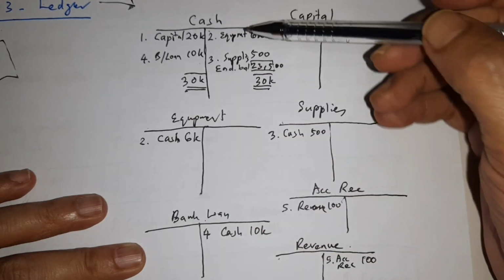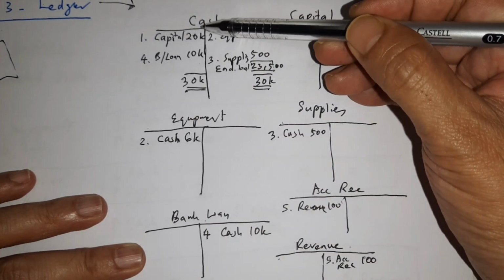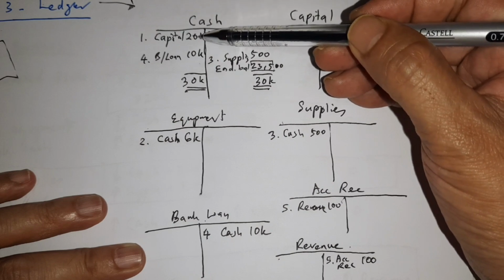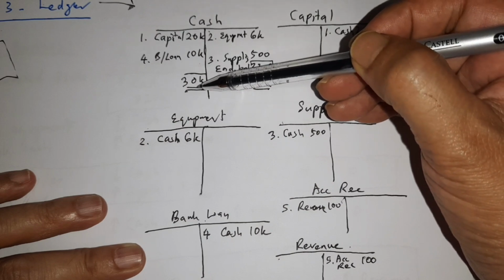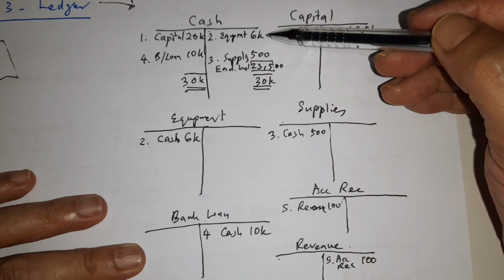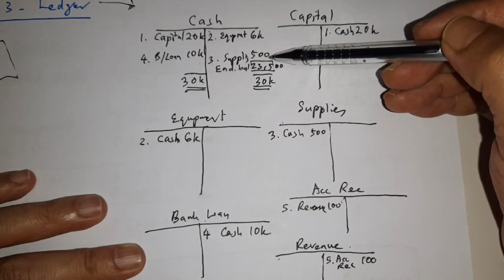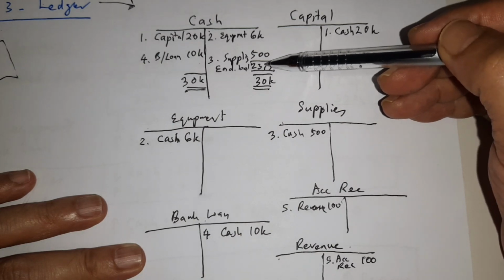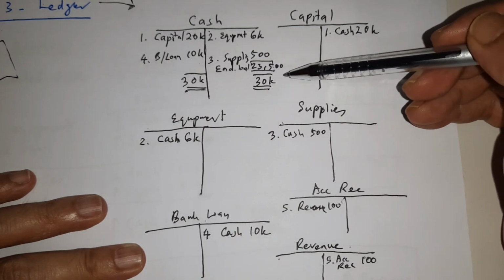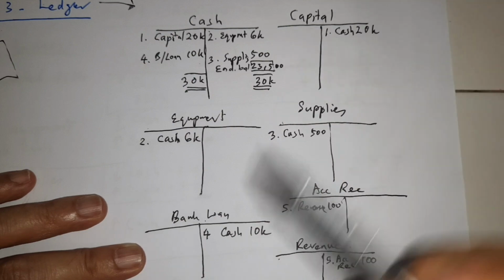What is the logic? The logic is like this. This is account cash. The total cash in is equal to 30,000. The total cash out is 6,500. So the ending balance of cash is 23,500. Okay, that is the logic.